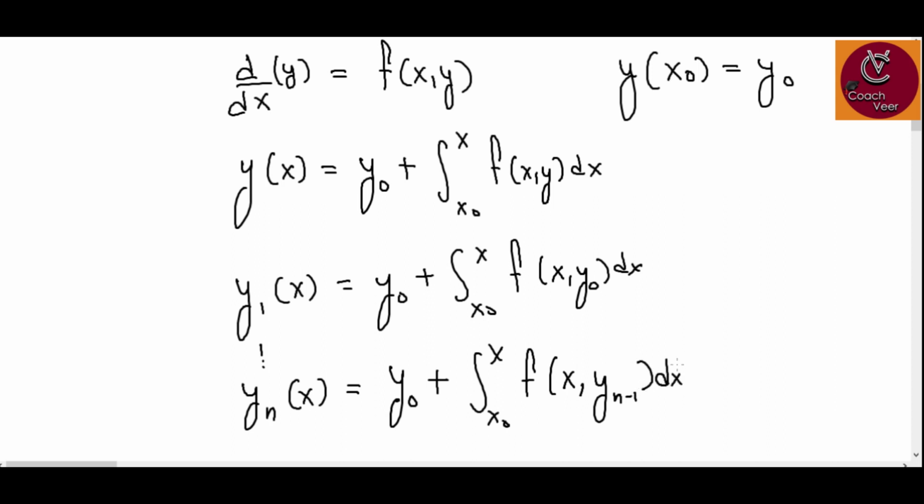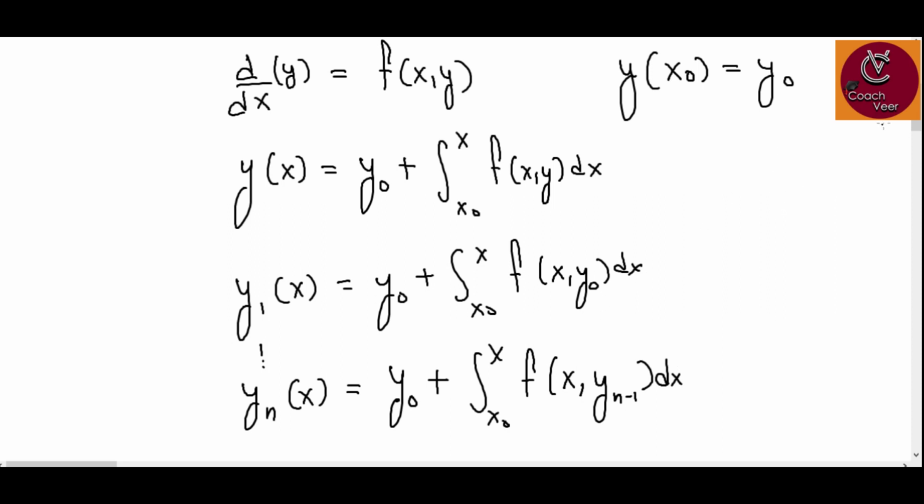It is a successive approximation method, meaning you require every step's output. Then we arrive at a sequence of approximate solutions y1, y2, y3, up to yn, and depending on your accuracy requirements you can go up to the desired value of n.